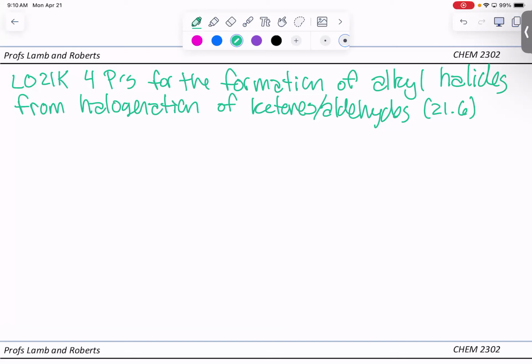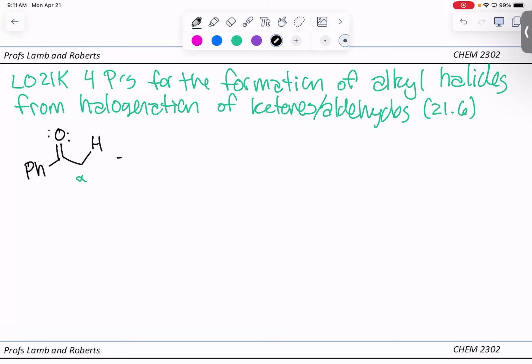Okay, so thus far, we have taken a look at this tautomerization mechanism that we've seen in 2301 and now revisited in 2302. So we start out with something at the alpha position, right? We've labeled this alpha CH bond.